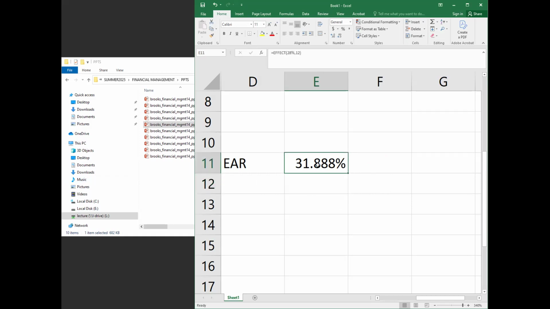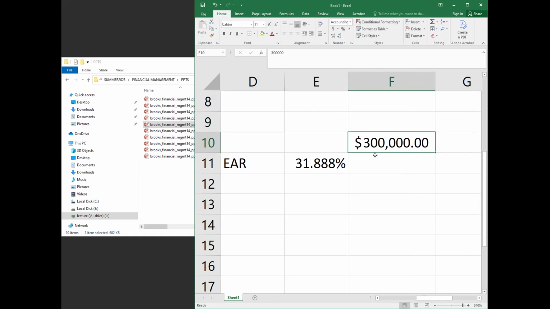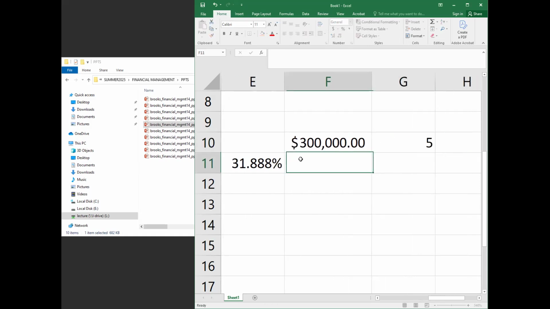What does this mean? Imagine you borrow 300,000 tenge, let's say from Kaspi Bank, for 5 years. How much will you be paying in total?